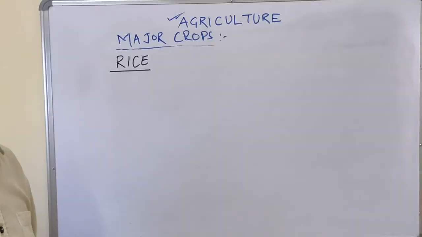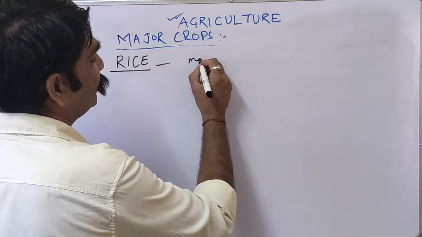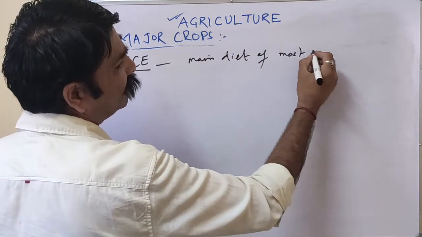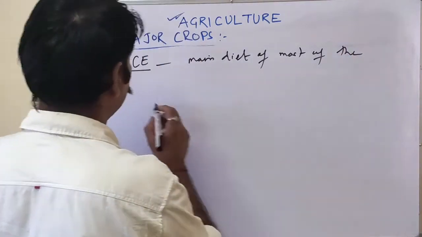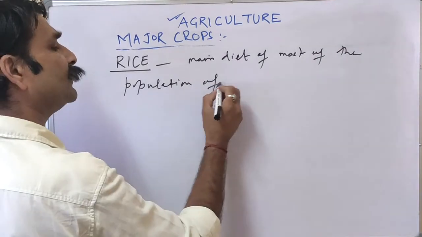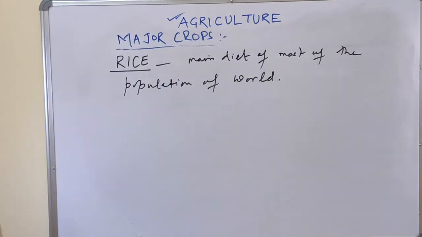So this is the staple food of most of the people on this earth. It is the main diet. Most of the people consume rice in this world.